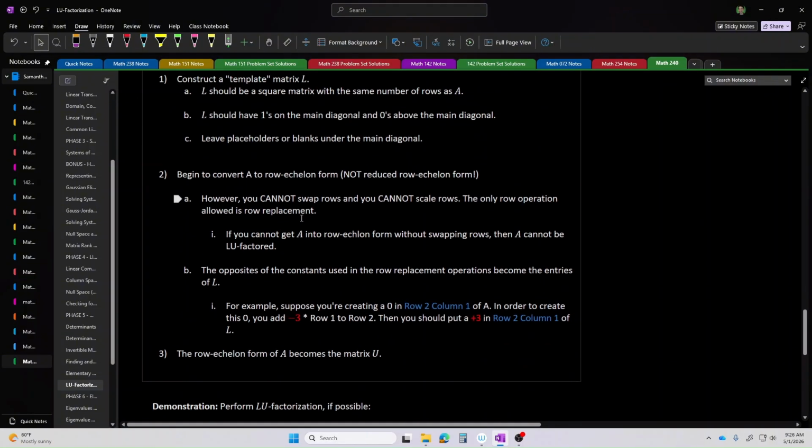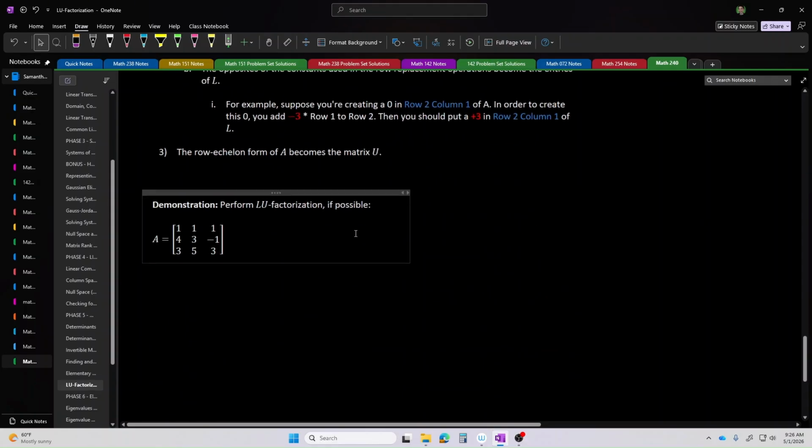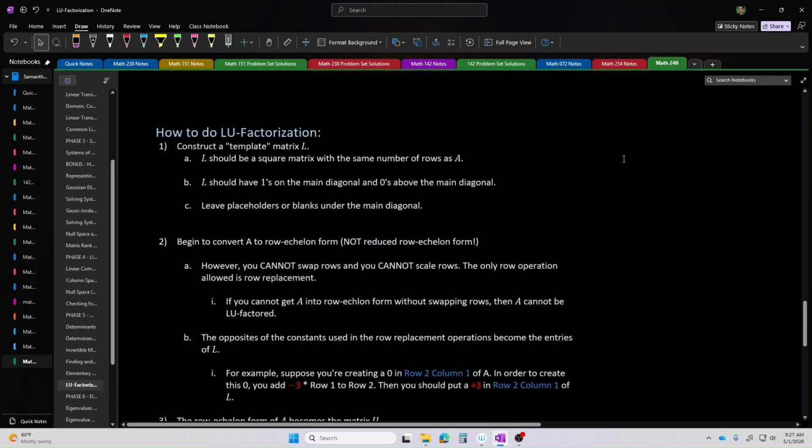So here's the full step-by-step process. We'll go through these steps one by one as we work through a demonstration using this matrix A given here below, 1, 1, 1, 4, 3, minus 1, 3, 5, 3. So step number one of constructing an LU factorization for a matrix.